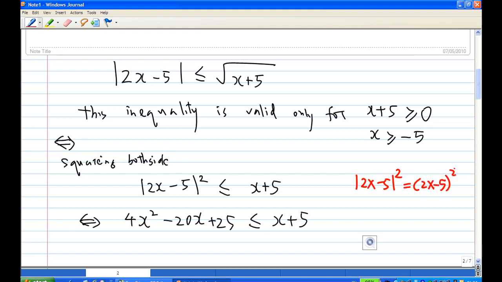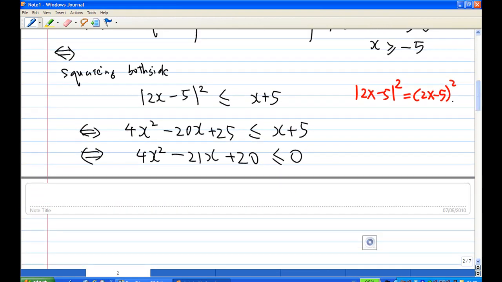As you square the function, you can do this. Now bring all the x terms to the left-hand side: subtract x from both sides. Now we get minus 21x, and minus 5 on both sides gets plus 20, less than or equal to 0.